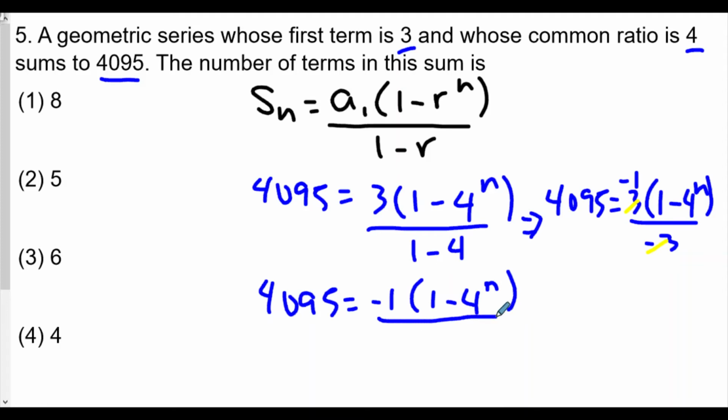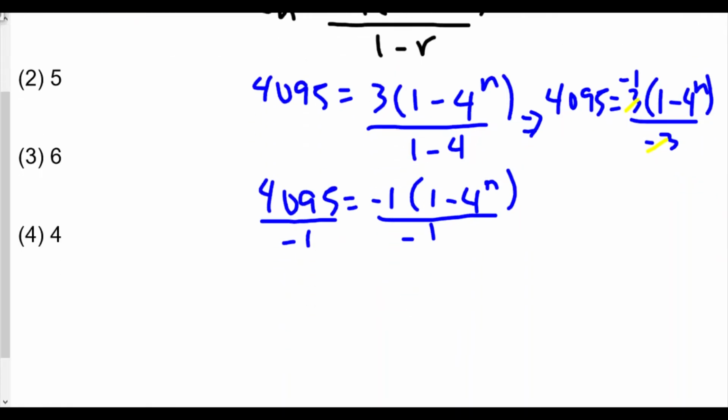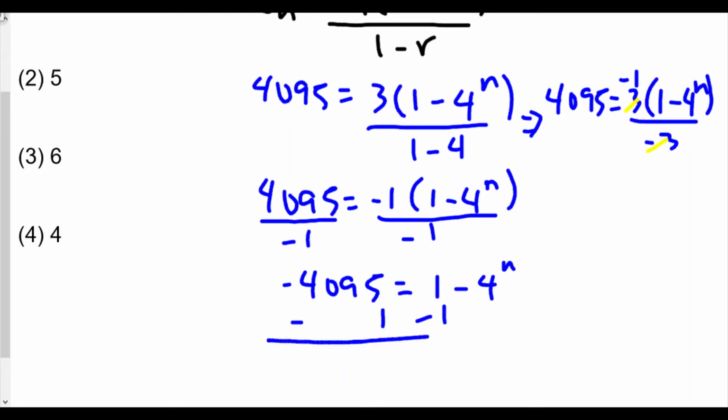Well, we'll divide both sides by negative 1, and we're going to get negative 4095 is equal to 1 minus 4 to the nth power. Just continue, subtract 1 on both sides, and we're going to get negative 4096 equals negative 4 to the nth power.